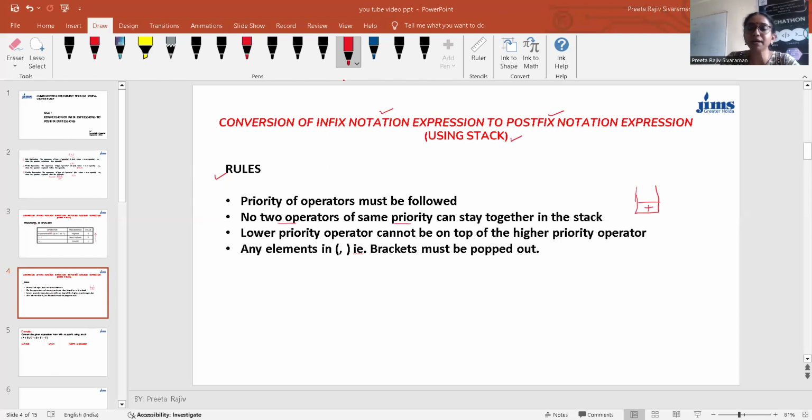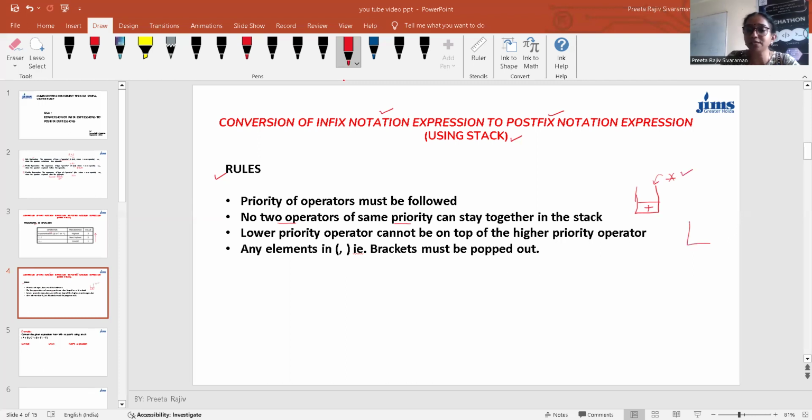Similarly, the third rule says a lower priority operator cannot be on top of a higher priority operator. Let's say if plus is already in the stack, you can push in a multiply operator. This is allowed.